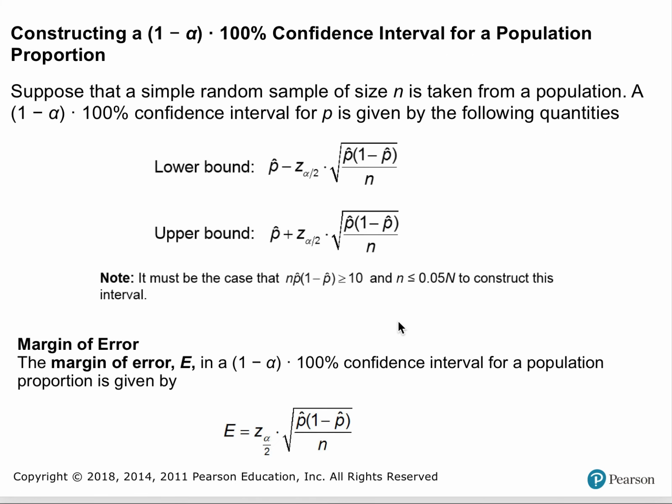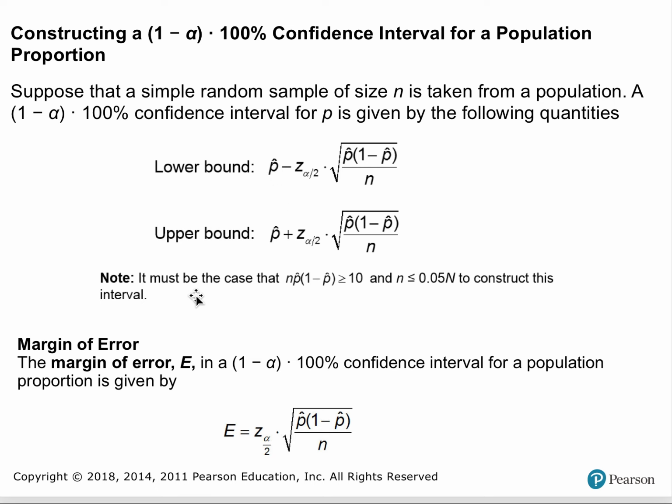Okay, so now we're prepared to present a method for constructing a confidence interval about the population parameter. So, suppose that a simple random sample of size n is taken from a population. A confidence interval for p is given by the following formula.